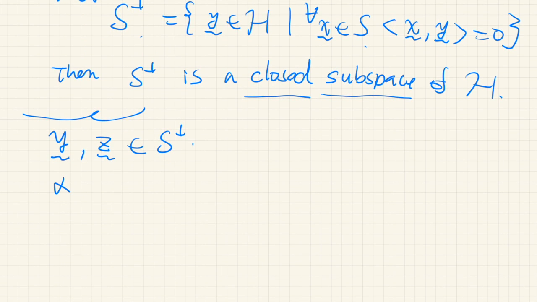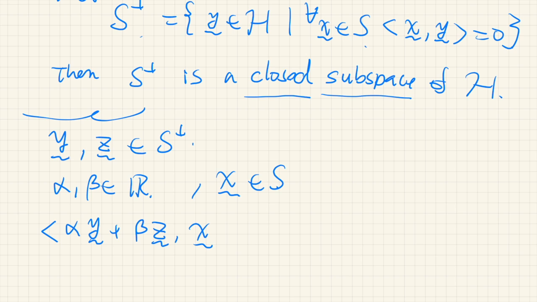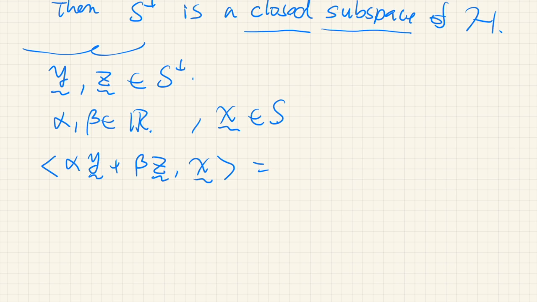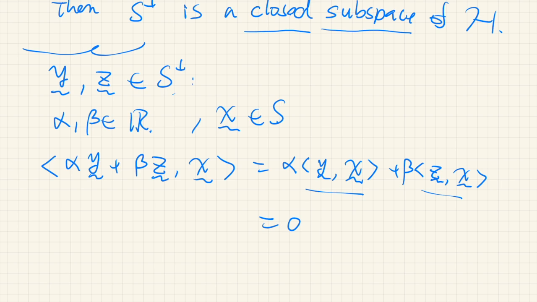Then for any alpha, beta in real numbers, consider the inner product of the linear combination alpha Y plus beta Z with X, and let's say X is any element in S. By the properties of the inner product, this is equal to alpha times the inner product of Y and X, plus beta times the inner product of Z and X. But since Y and Z are already in S complement, this is 0, this is 0, so this is 0.